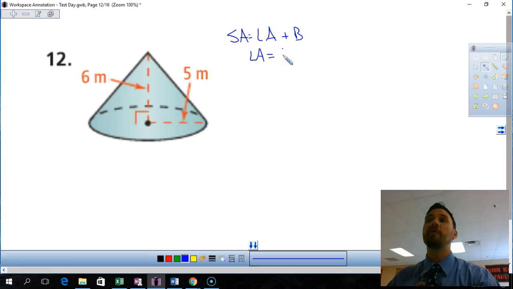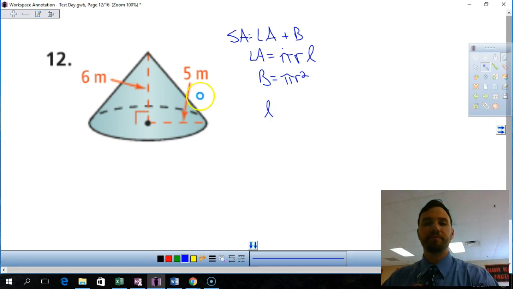It's 1/2 2 pi r times slant height, or just pi times the radius times slant height, right? And my base is the area of a circle, which is pi r squared. So I need to find a radius, and I need to find a slant height.